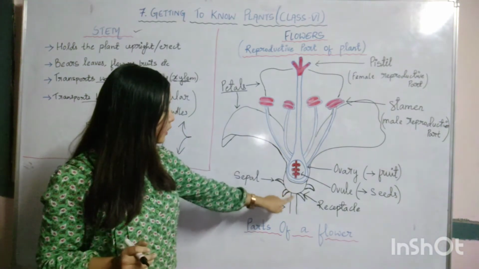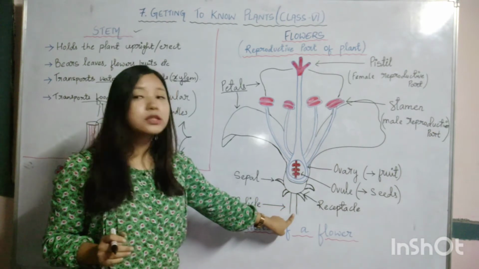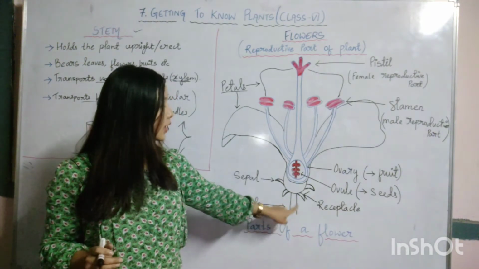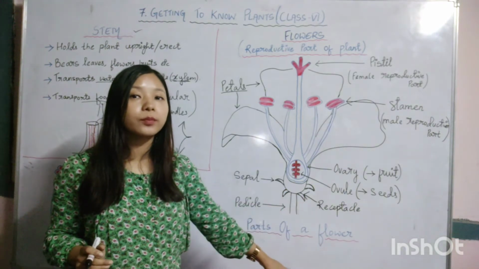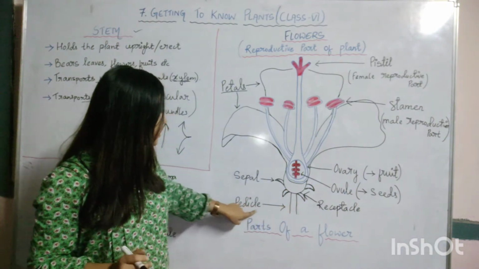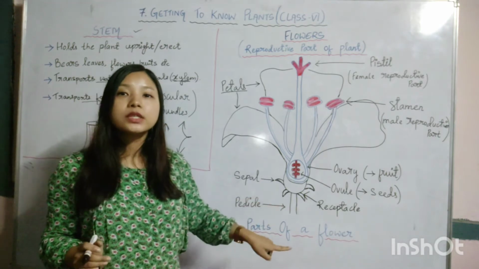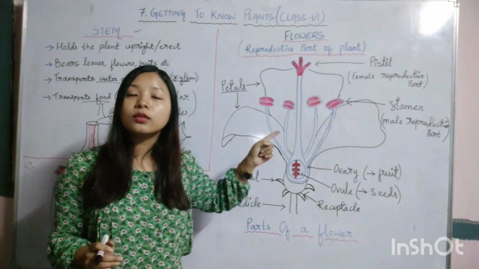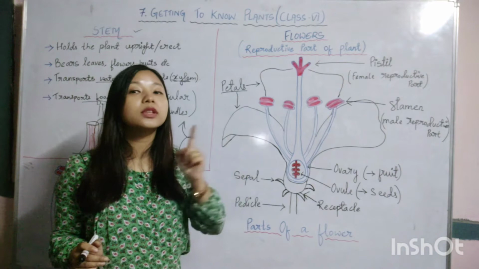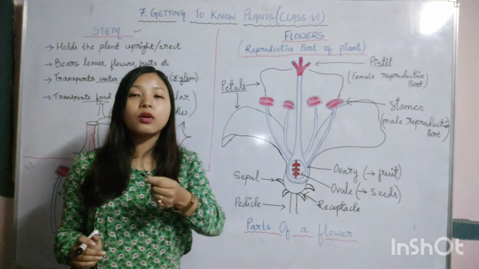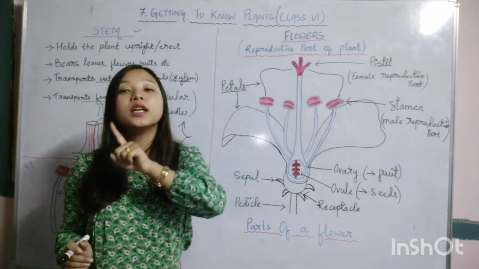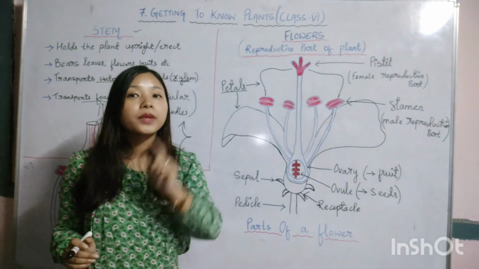Then the small stalk which connects the flower to the branch or the stem of the plant is known as the pedicel. You must remember that in the previous video, while we were talking about the leaves, there also we talked about a small stalk which connects the leaf to the branch or the stem.